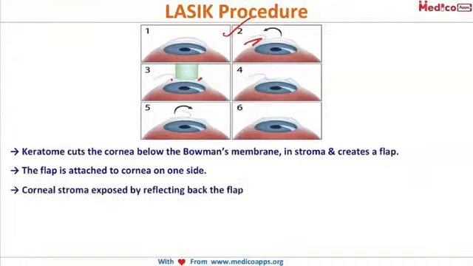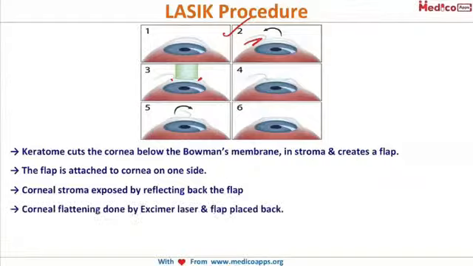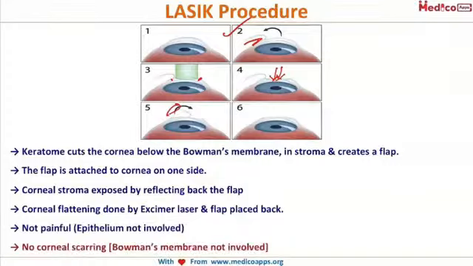Once the flap is reflected back, the Excimer laser is used to ablate the cornea. Once the ablation of the corneal stroma is finished, the flap is placed back into its position and it heals back naturally. So we have seen that it is eliminating the pain and corneal scarring.